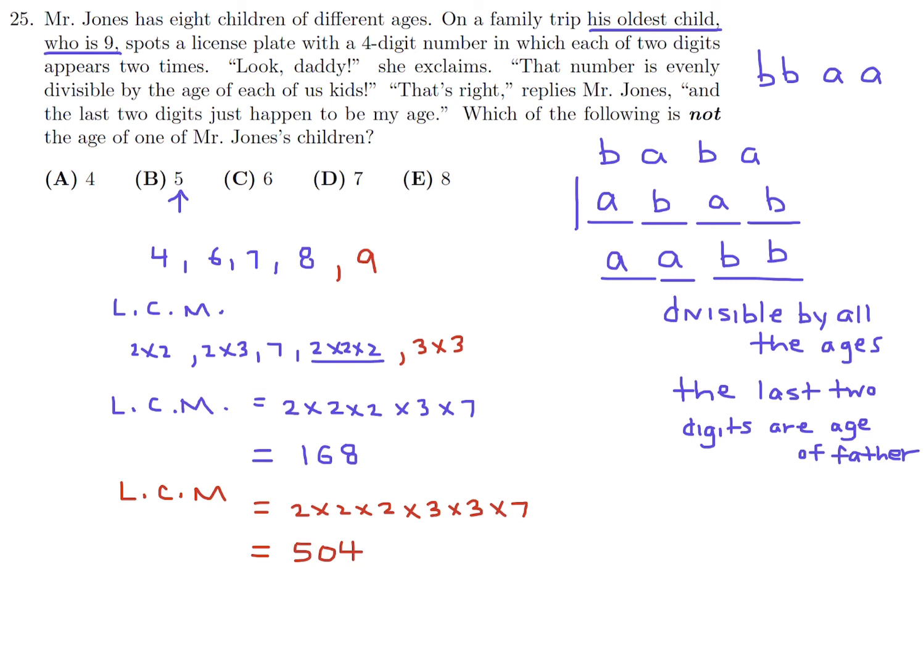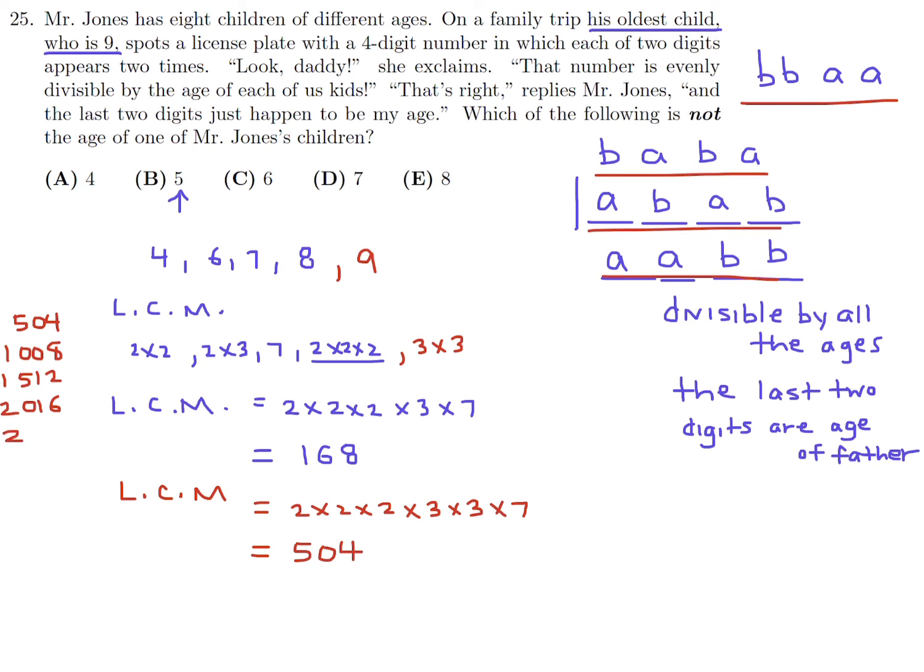Let's see here. 504. I'll write them on the side here. 1008. 1512. I'll stop when I reach something that looks something like this or something like this.